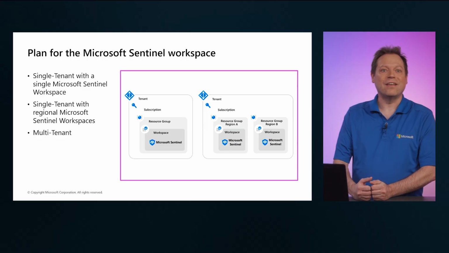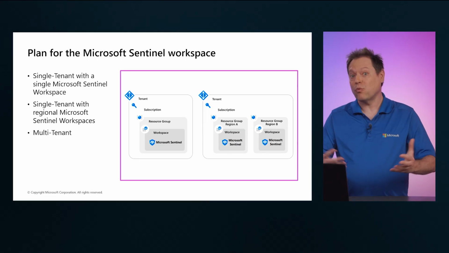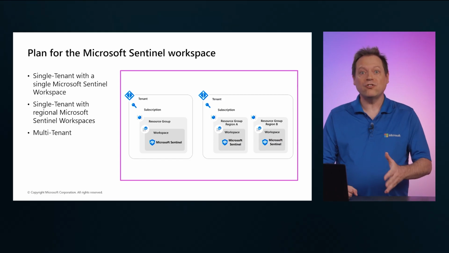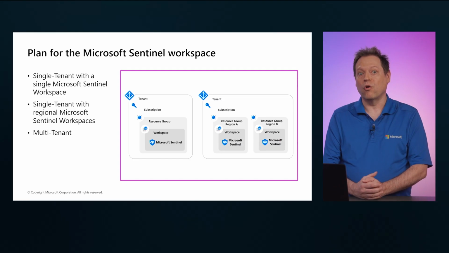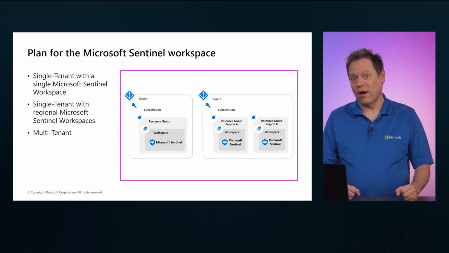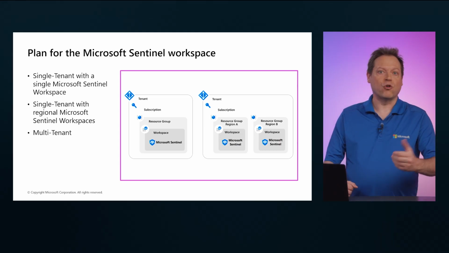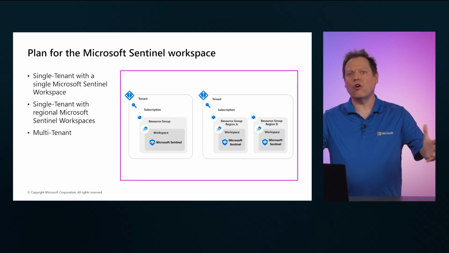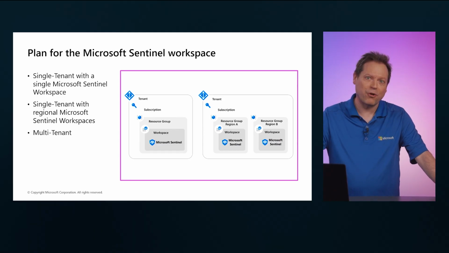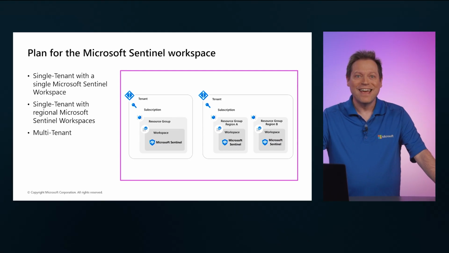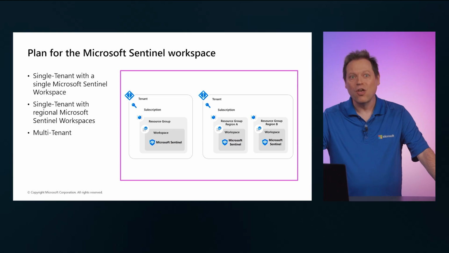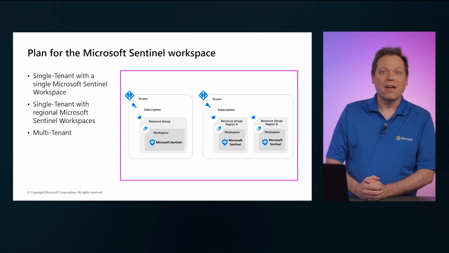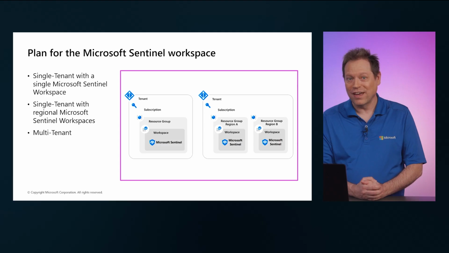Another pattern is a single tenant with regional workspaces, which can help with data residency, latency, or organizational separation across regions. And for service providers or large enterprises with multiple Entra ID tenants, a multi-tenant approach lets you manage Sentinel across those tenant boundaries while still maintaining appropriate isolation and control.